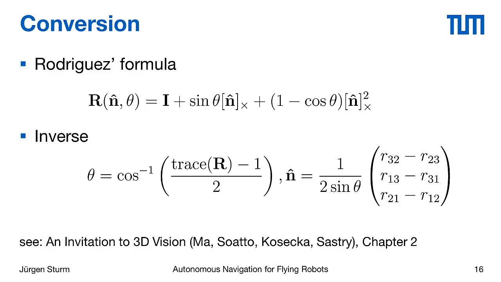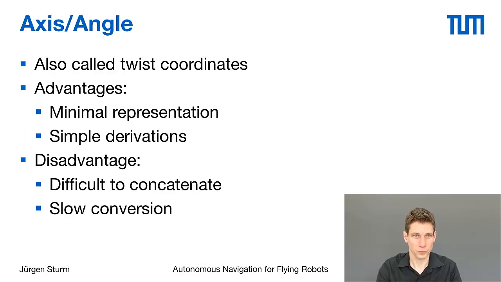There is lots more to be said here, but to keep it simple, and because we don't really need it in the rest of the course, I'd like to refer you to the book of Ma and colleagues, in particular chapter 2. If you Google for this, you can find an online copy of it.